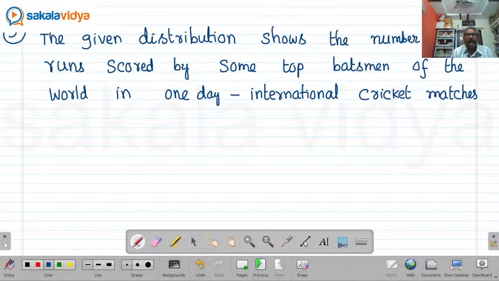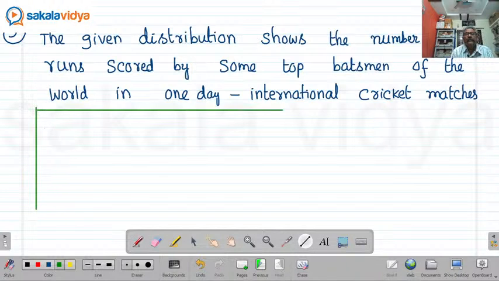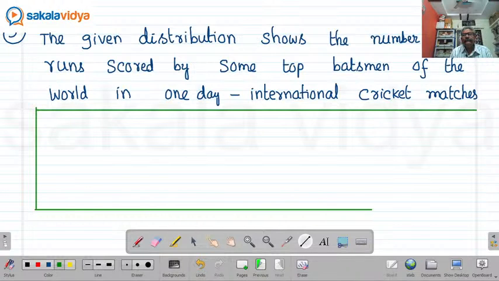So this is the frequency distribution table.